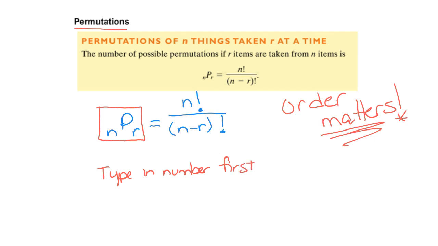So you're going to type in your number first, and then you'll hit your shift button, and then the multiplication button.